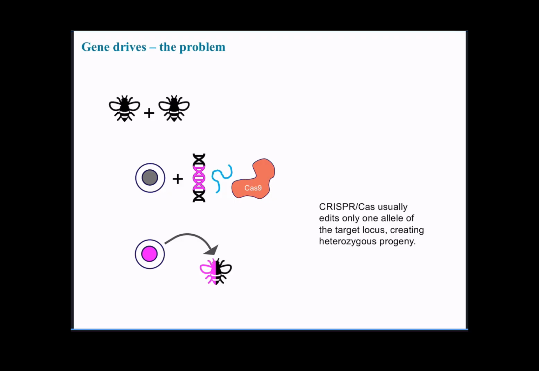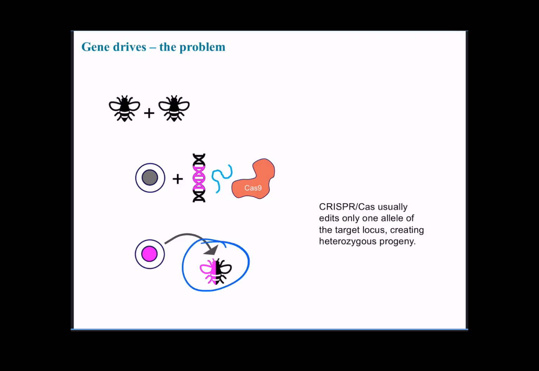You make your bee, and because these technologies, as we've discussed several times, carry with them a certain degree of inefficiency, chances are that at first, all you'll get is a heterozygote individual. You will have edited only one copy, only one of the homologous chromosomes. So you have your heterozygote B, right?